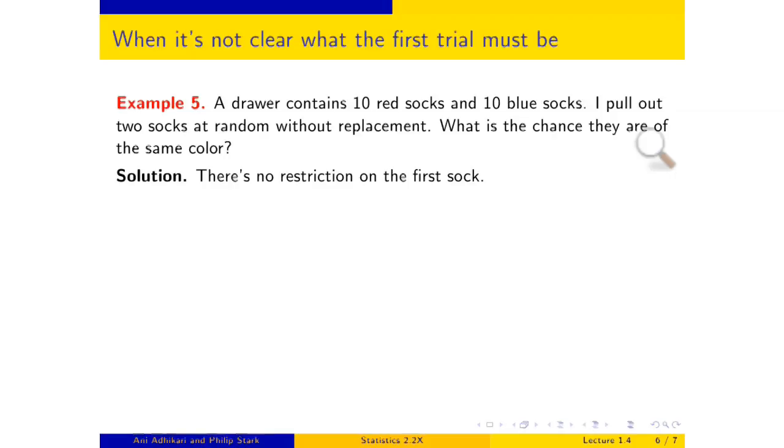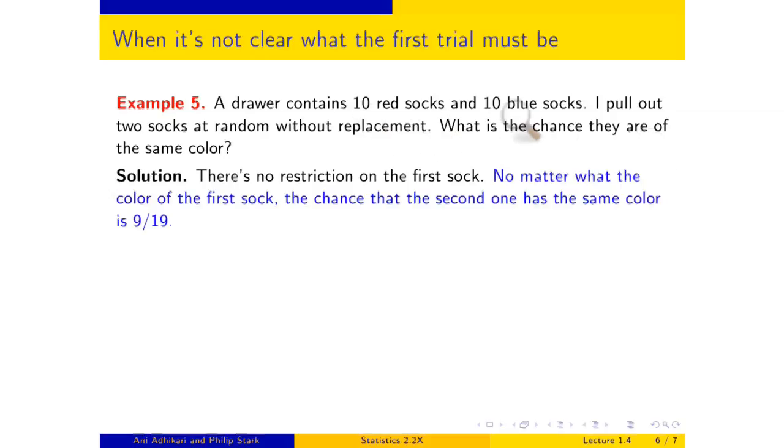And then the second one has to be the same color as the first one that I drew. And because there are the same number red and blue, no matter which color I drew the first time, the second time there are 19 socks left in the drawer and there are only 9 of the color that I drew the first time.